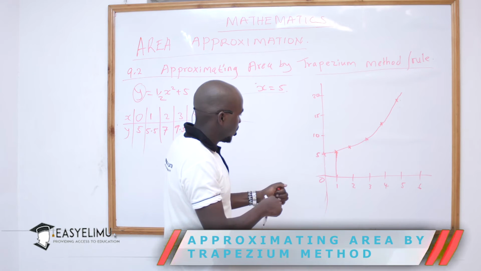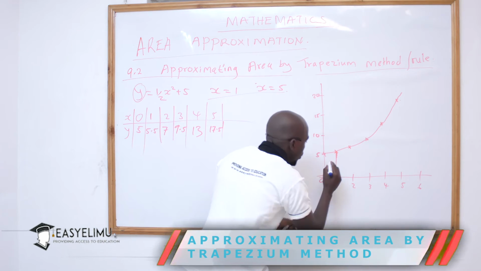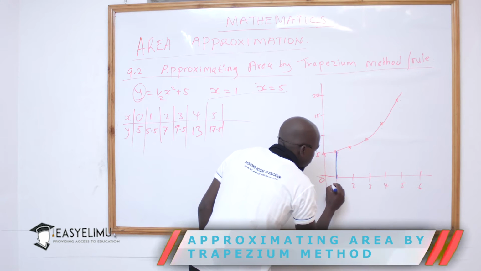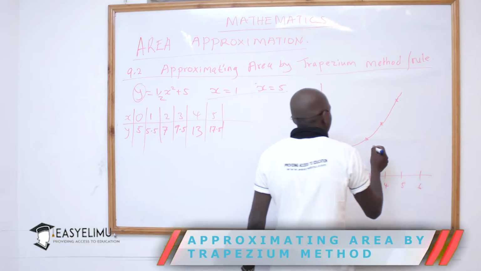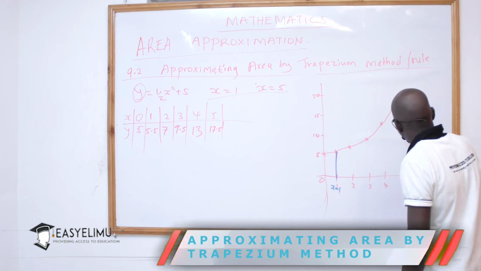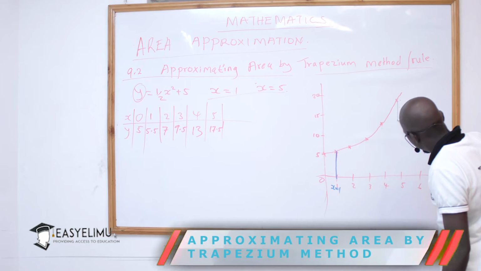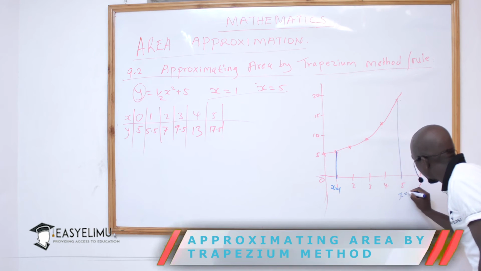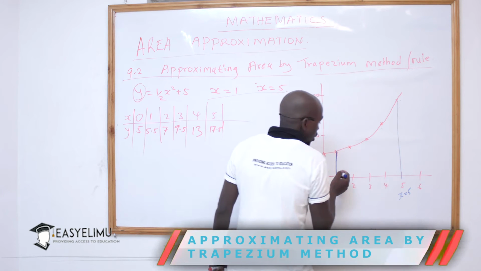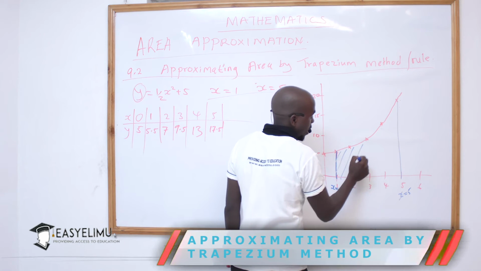Actually, let me change it so it may be well visible. It's from x equals 1, this one. That will be our y1. And then the final one is x equals 5, and it is here. That is our x equals 5. So the area which we need to find is the area under this curve.